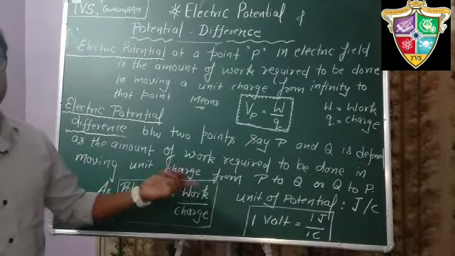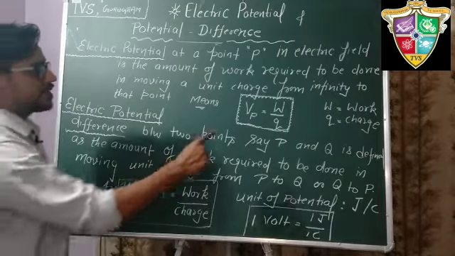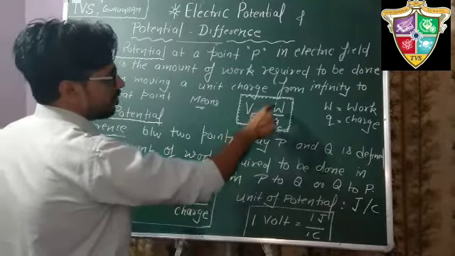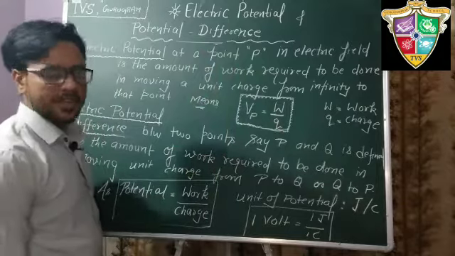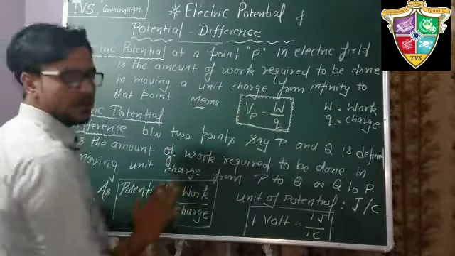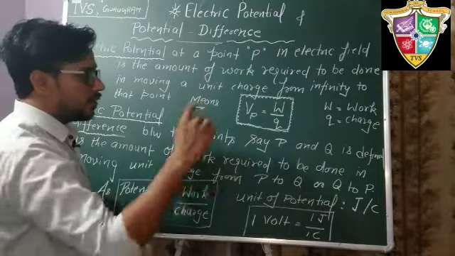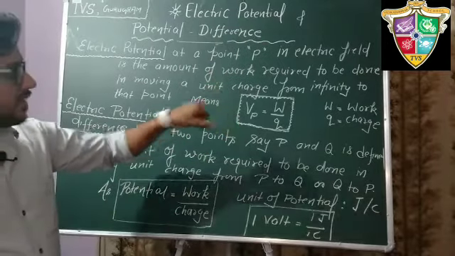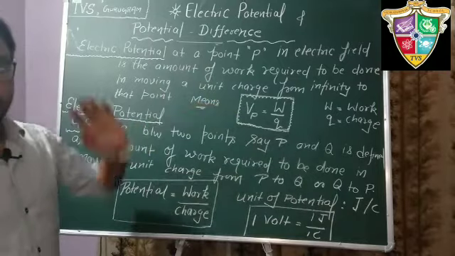Why am I saying unit charge? Because students, if we put this value 1 coulomb, then potential is equal to work. That's why potential is nothing but work required to be done in moving unit charge from infinite distance to that point. That is the potential of a particular point.